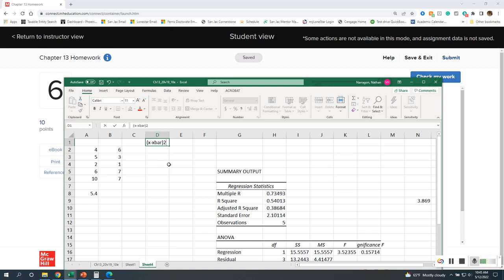And then we're going to have it divided by the sum of x minus x bar squared.